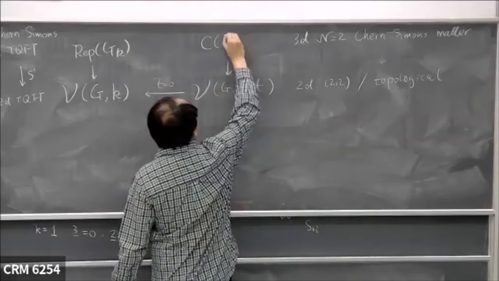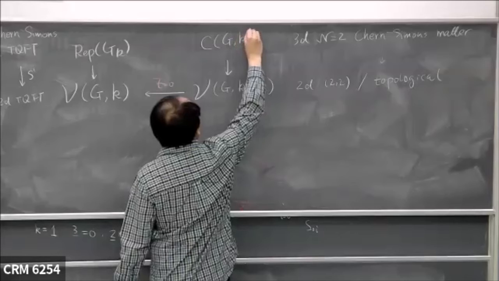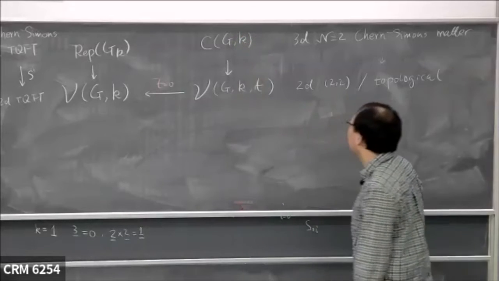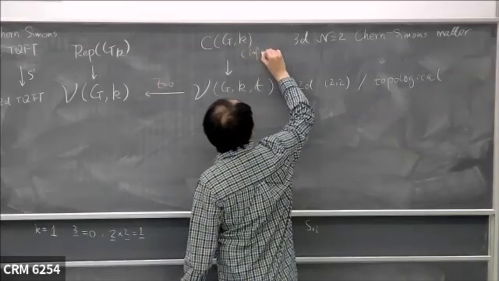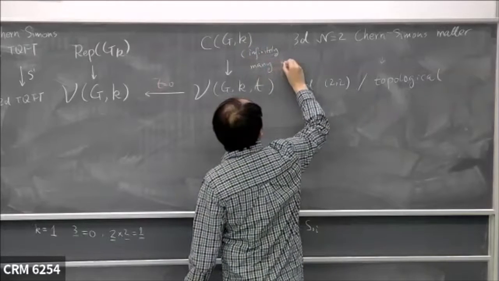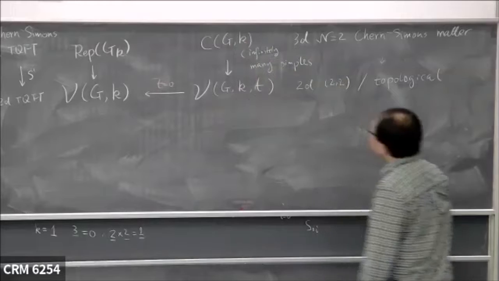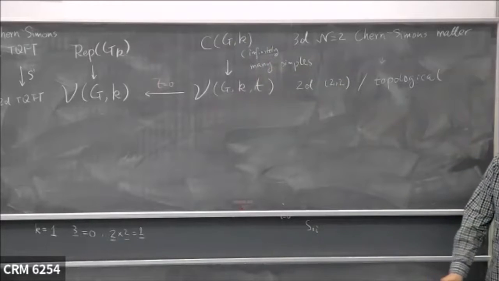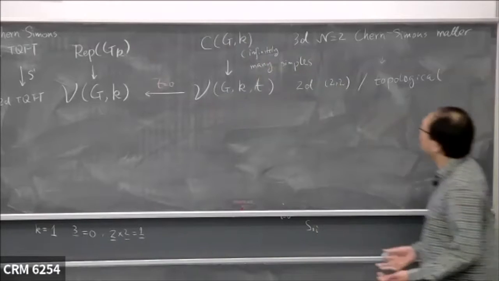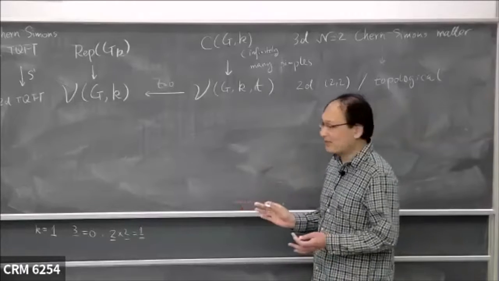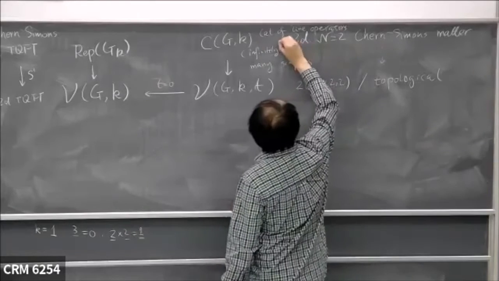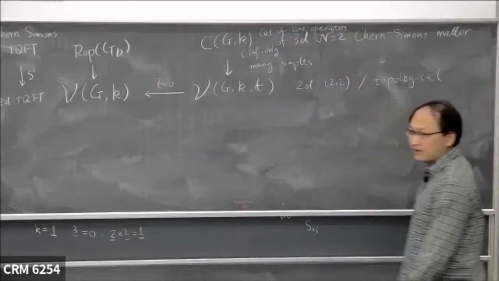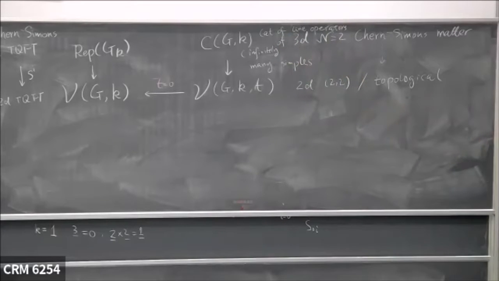First of all, it depends on G and K. It should not depend on T. So there should be infinitely many simple objects. What is C? It's some category. Physically, it's the category of line operators of the 3D N equals 2 theory.